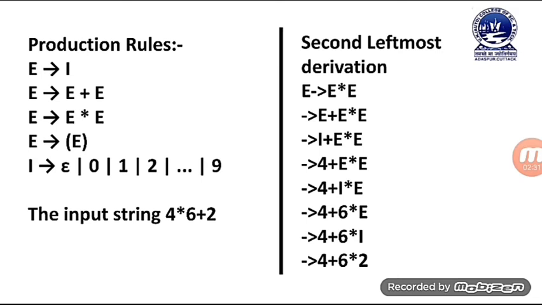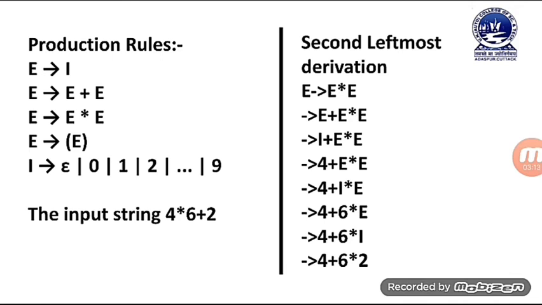Then at the next step I have replaced E with I, and then I with 4. So till now our derivation is 4 plus E into E. Then I have replaced the second E with I, so the output is 4 plus I into E. Then I have replaced I with 6, so we get 4 plus 6 into E. Then 4 plus 6 into I, because I have replaced E with I. Finally we got the result 4 plus 6 into 2.